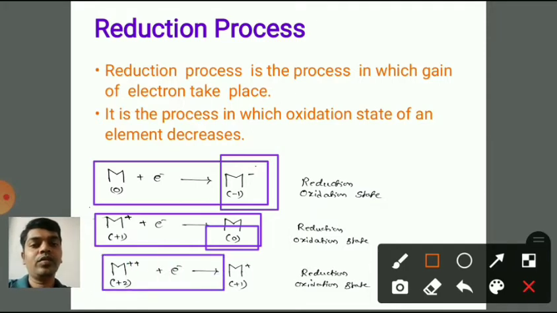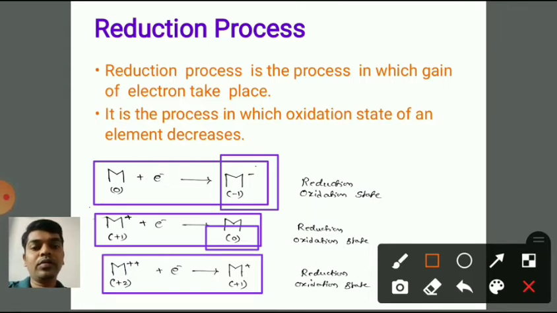After accepting one electron, one of the positive charges is removed and it becomes monopositive. In the initial state its oxidation state is +2, and after accepting one electron, that oxidation state is reduced to +1.